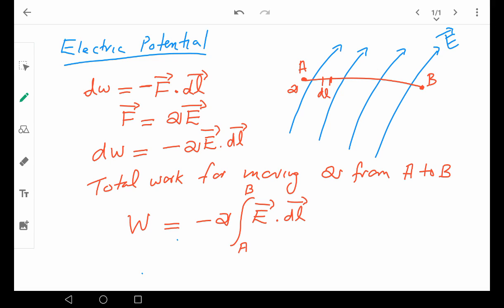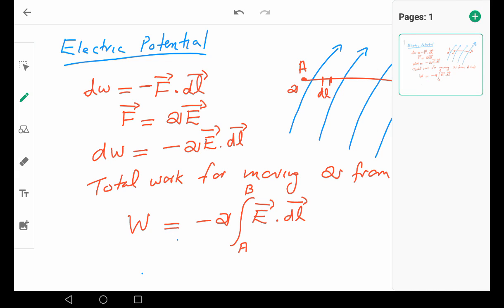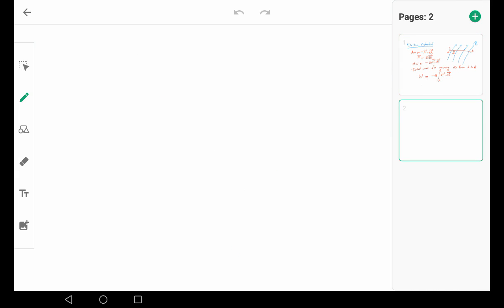That is the work that you have to do for moving the charge Q from A to B. Now, that is for moving a charge of Q coulombs. What is the work done for moving a unit charge? You can represent that as W by Q.